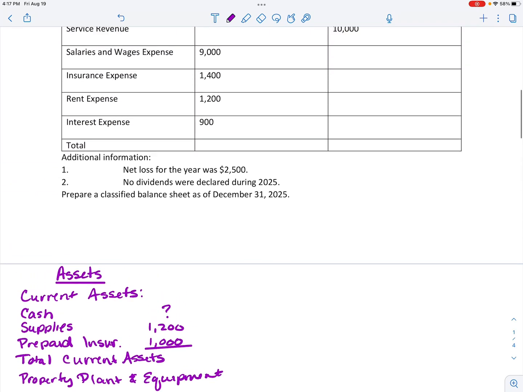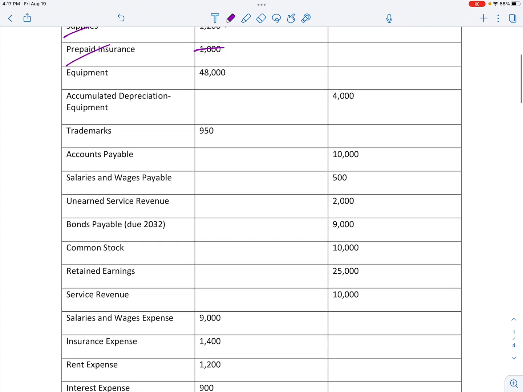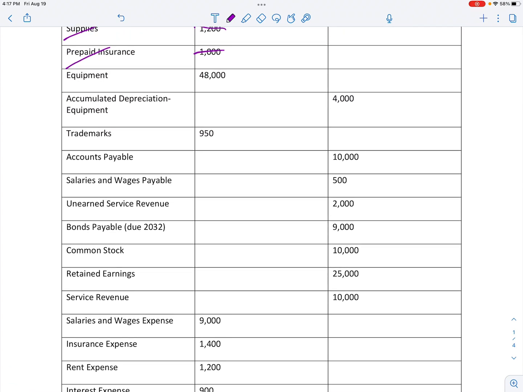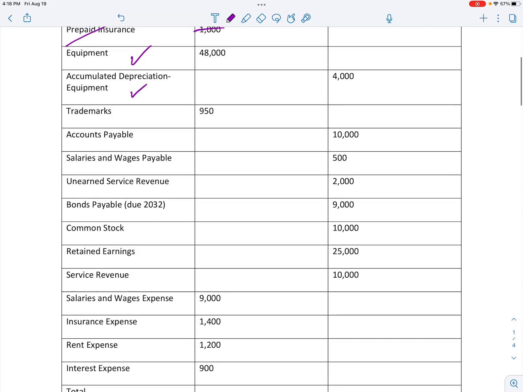Here, I'm going to come back up and find everything that goes into that property, plant, and equipment. I have my equipment, and remember this contra account of accumulated depreciation. It goes wherever that equipment goes, so that will also be listed there.